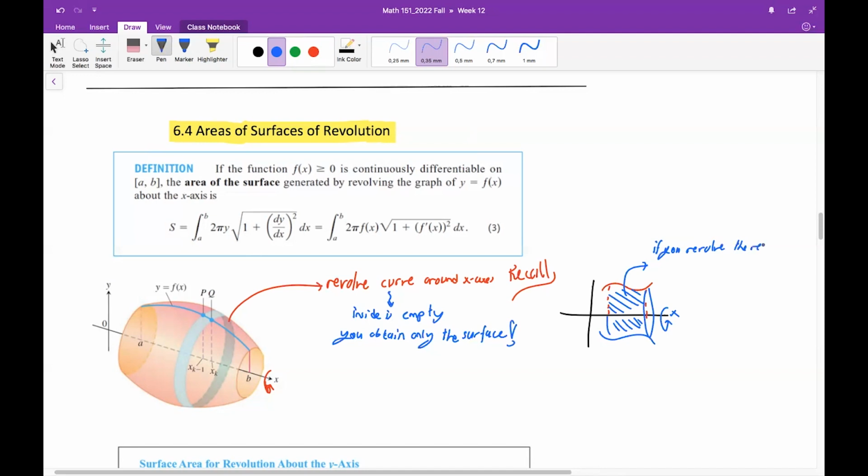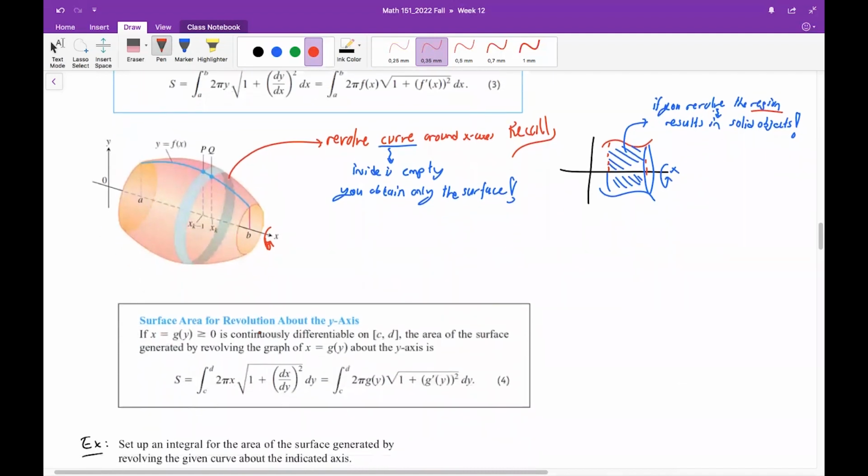This results in solid objects. So this is the difference between revolving a curve and revolving a region. If you are revolving a region, the inside part is not empty, but here you are revolving just the curve, so the inside is empty, you are just having a surface of revolution.